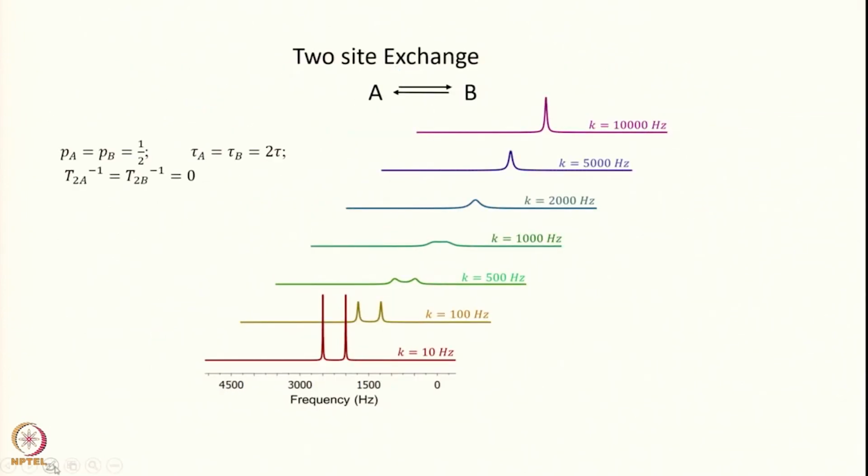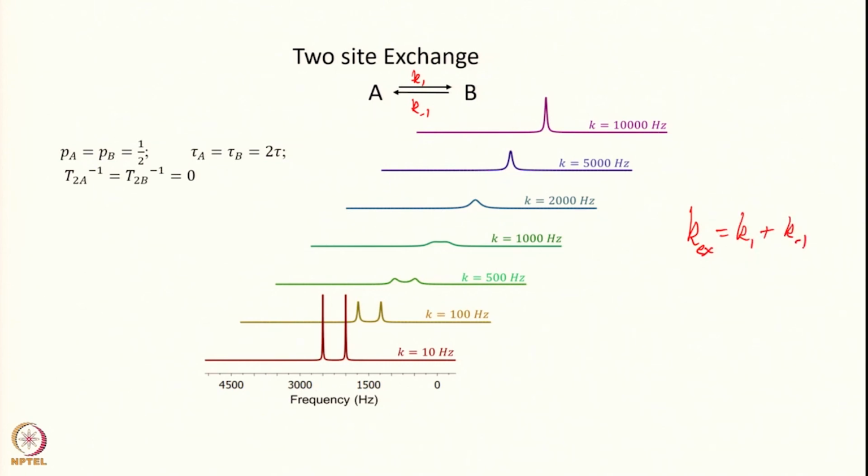Suppose I write the forward exchange as K1 and the backward exchange as K minus 1. Then the exchange rate is defined as K exchange equals K1 plus K minus 1.